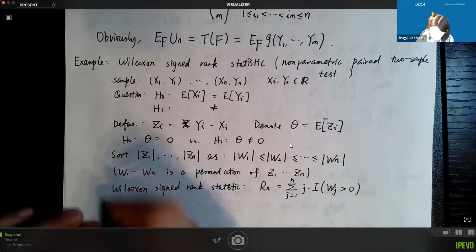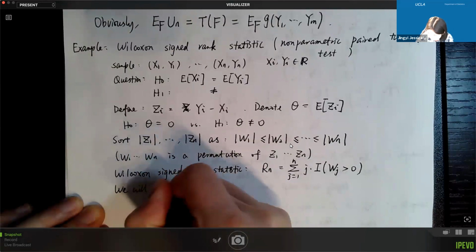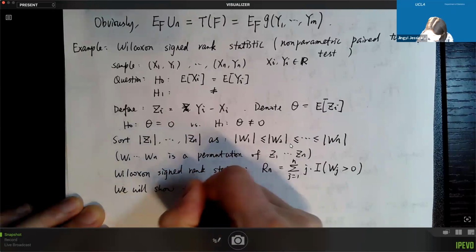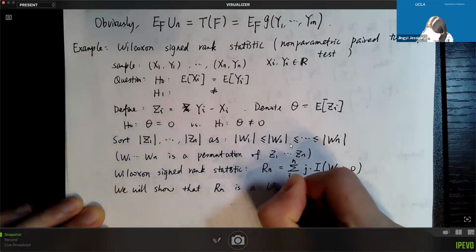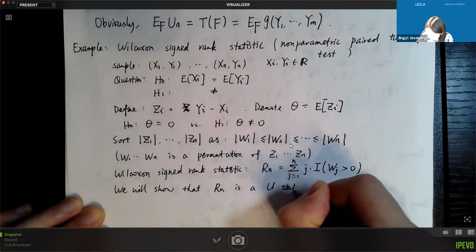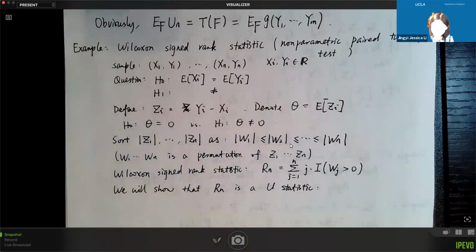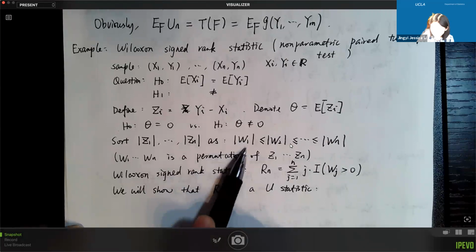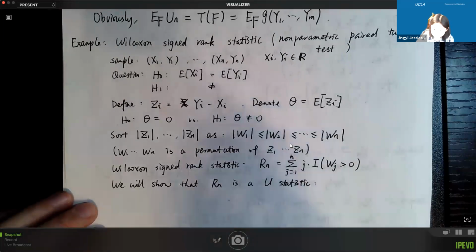So we will show that Rn is a U statistic. Okay, how can we show that? It's based on the definition of this order, the sorting.